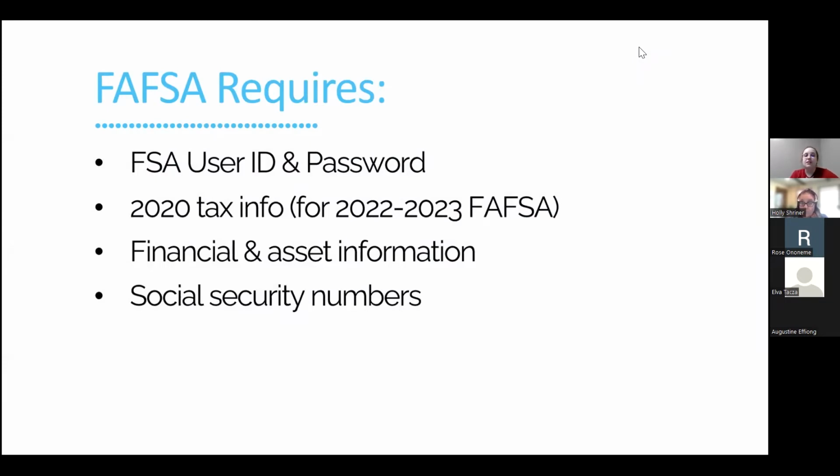The FAFSA is also going to require tax information. For next year's FAFSA, you're going to need 2020 tax information, as well as any financial and asset information and your Social Security numbers. Since you're going to be graduate students, you'd be considered independent students, so it'd only be your information and your spouse's information if you are married.